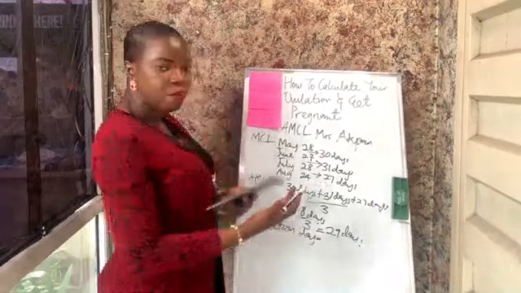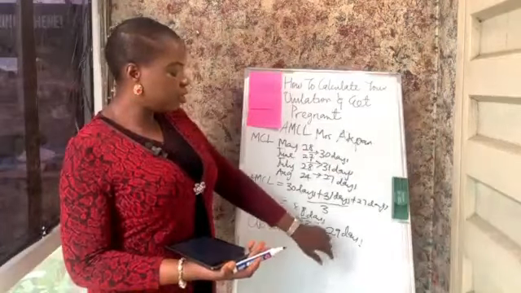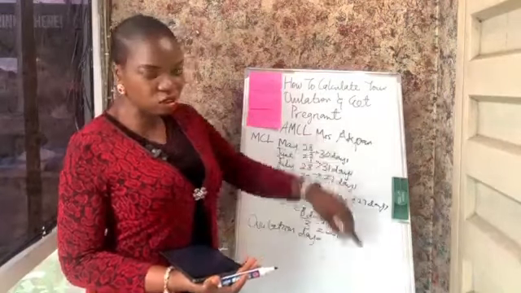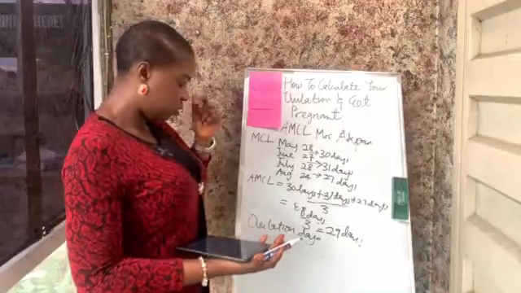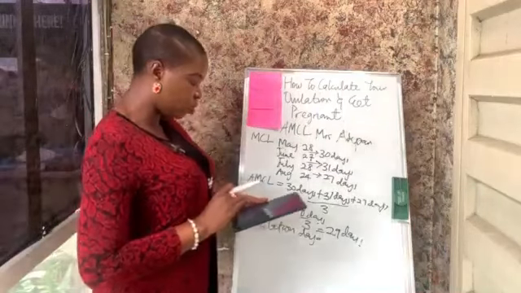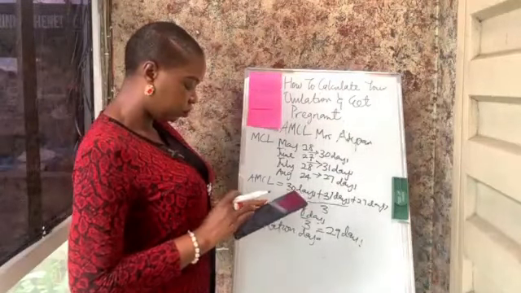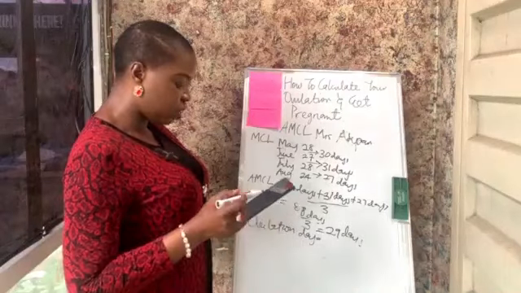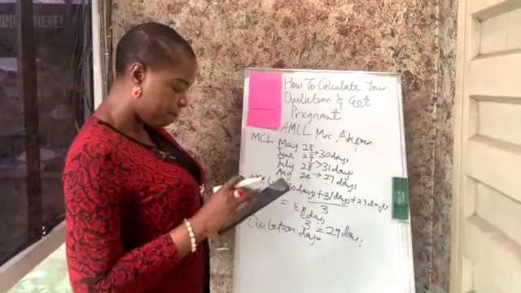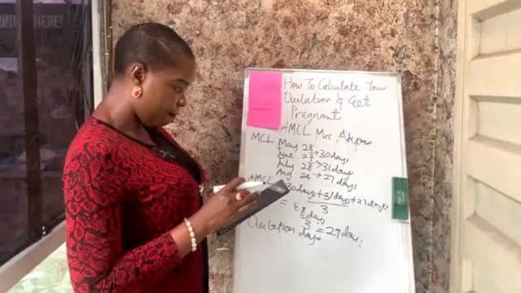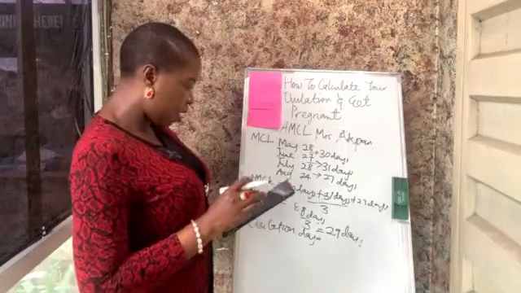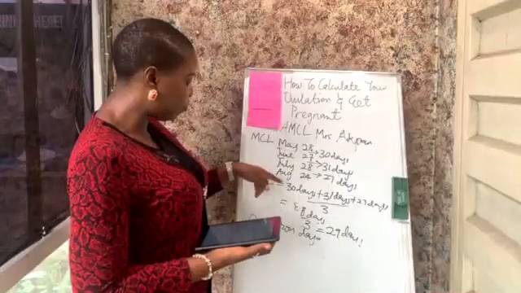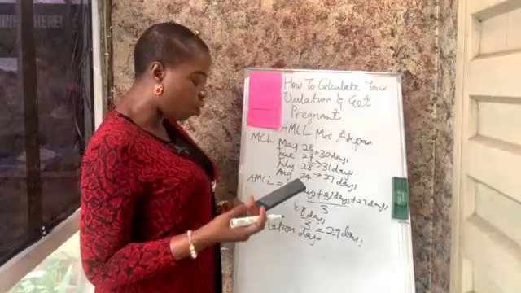So Mrs. Akpan's ovulation day will be 29 days into the next cycle. Let's look at that. Okay, so you're going to start from the last menses, which occurred yesterday.